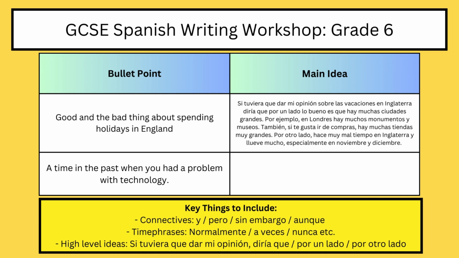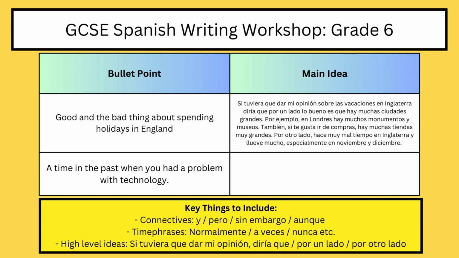Si tuviera que dar mi opinión sobre las vacaciones en Inglaterra, diría que, por un lado, lo bueno es que hay muchas ciudades grandes. So if I had to give my opinion about holidays in England, I would say that on the one hand, the good thing is that there are many big cities. Por ejemplo, en Londres hay muchos monumentos y museos.